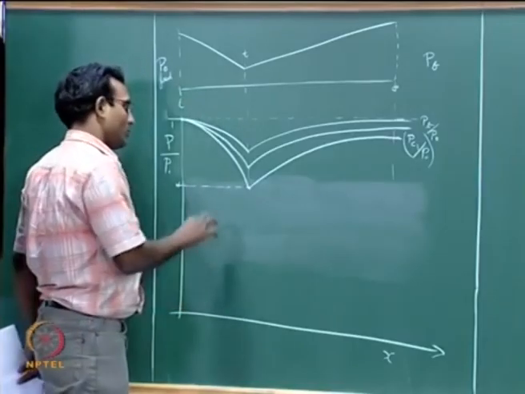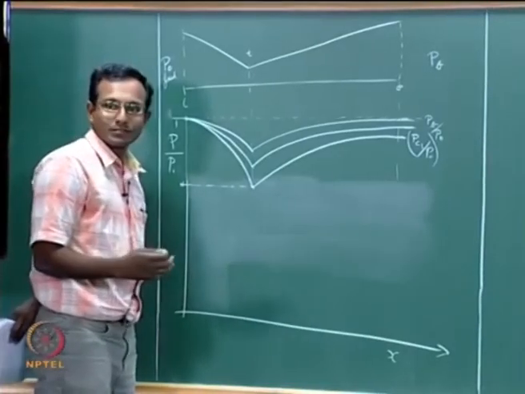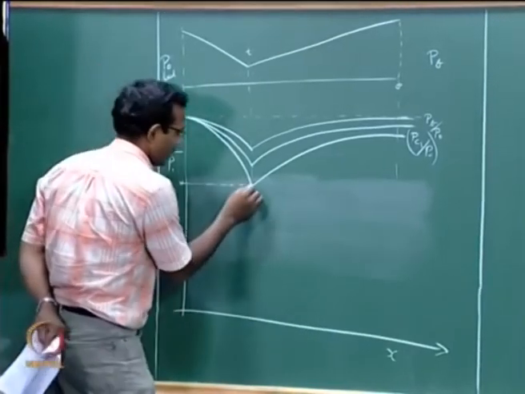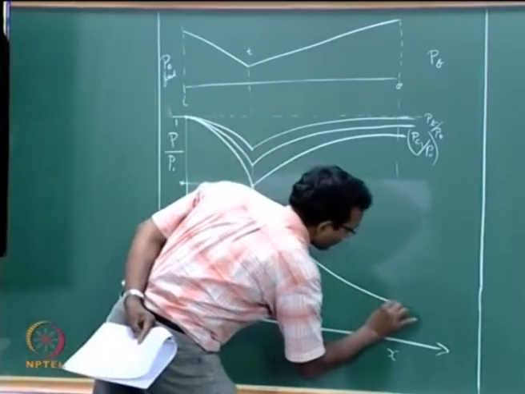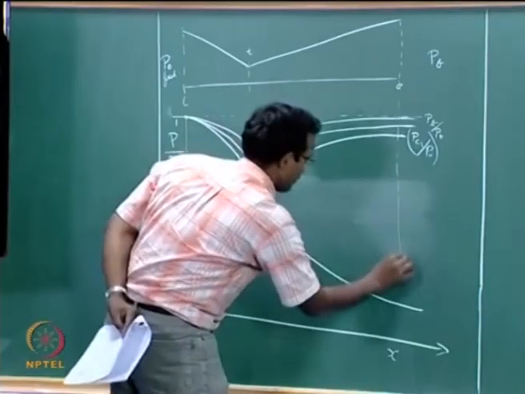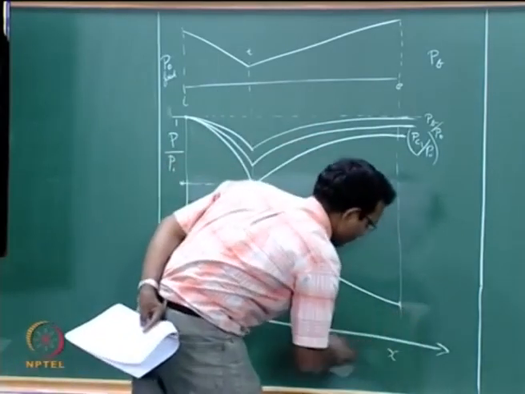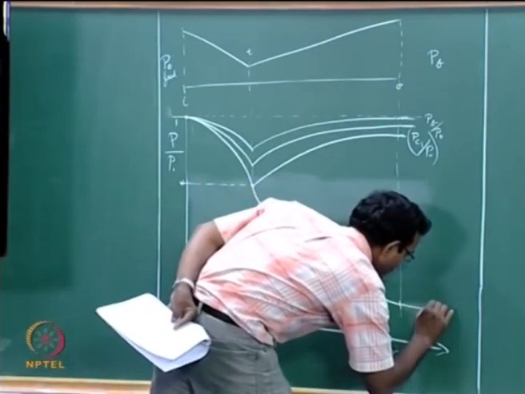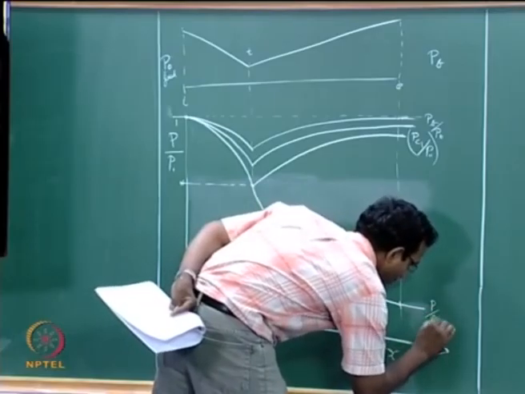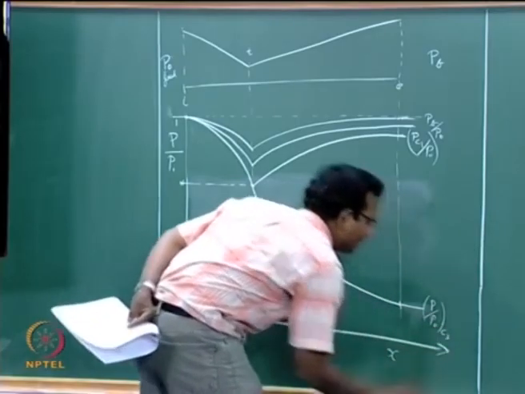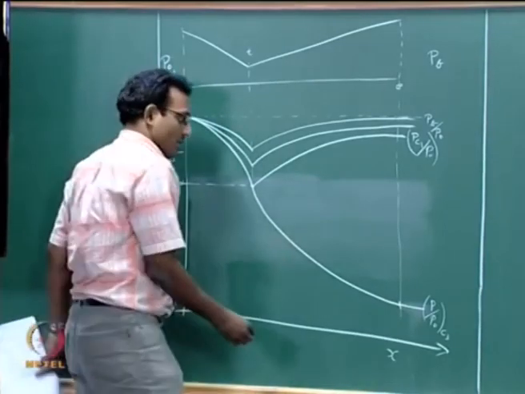Now, after this we said that the flow wants to be supersonic, and if it is fully supersonic, I will draw that curve also. If it is fully supersonic, then at the exit the pressure will be very, very low. This is your critical 3, P critical 3 divided by P0, that is what I have put there.